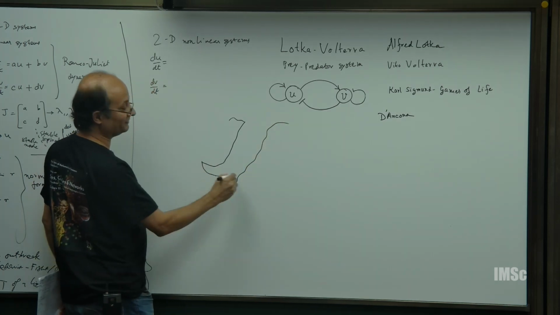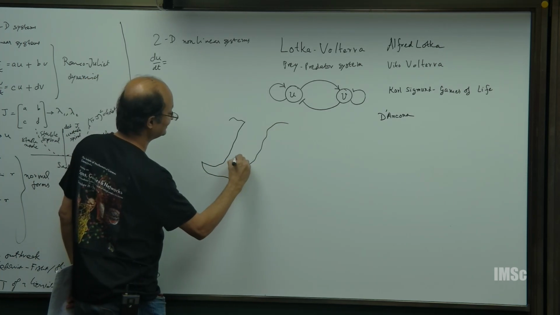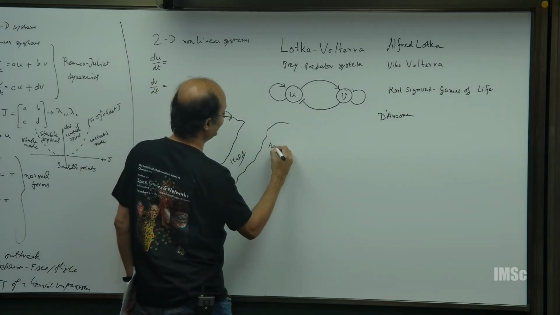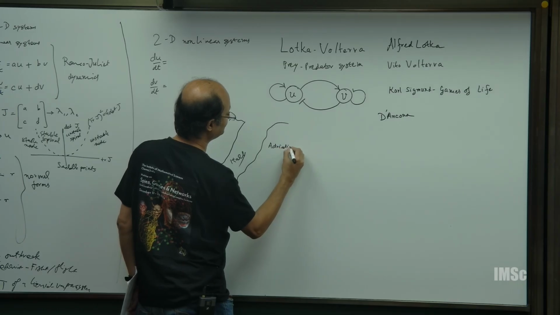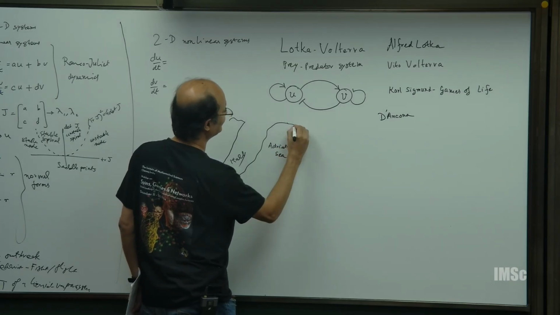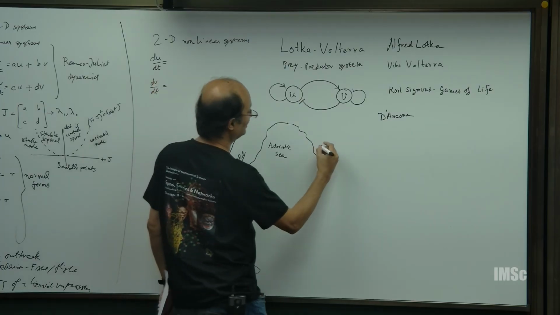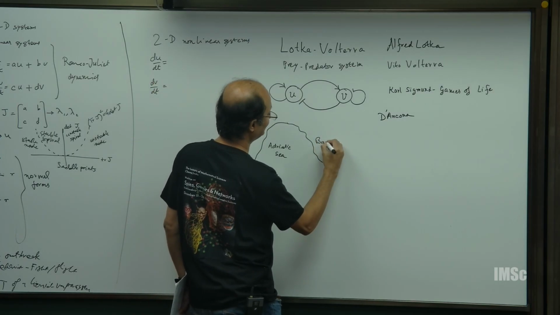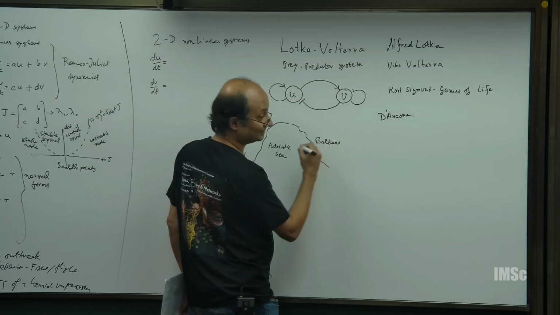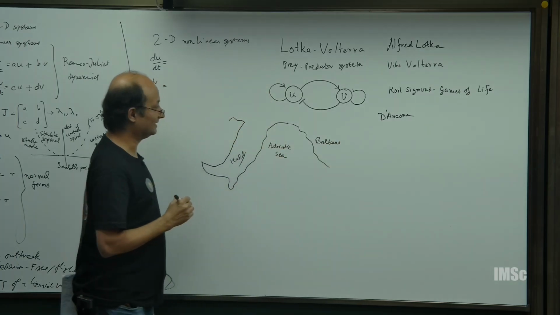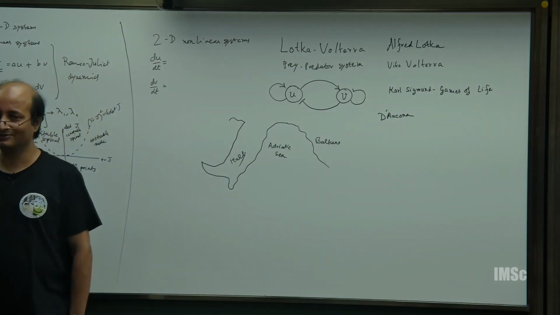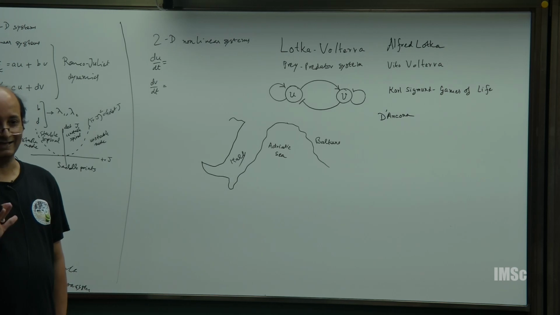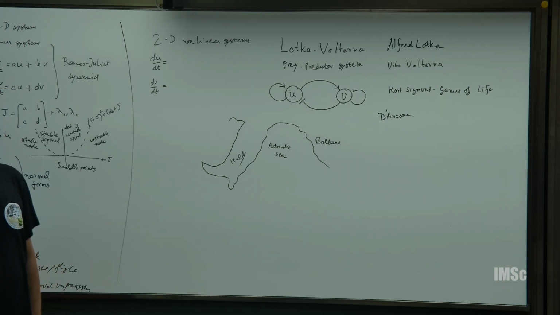So this is the boot of Italy, and this is the Adriatic Sea. This is the Balkans, so Greece would be down here. And what is the period we are talking about? We are talking about sometime towards the late 1910s, after the First World War.